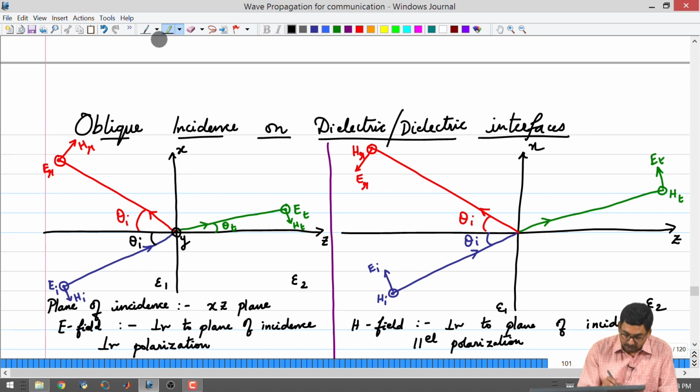So, all we have to do is the unit vector has to be resolved into an x component and a z component. Now, I can see clearly that I can decompose this vector by drawing a vector in this direction and a vector in this direction. That means I am having positive z axis and positive x axis.